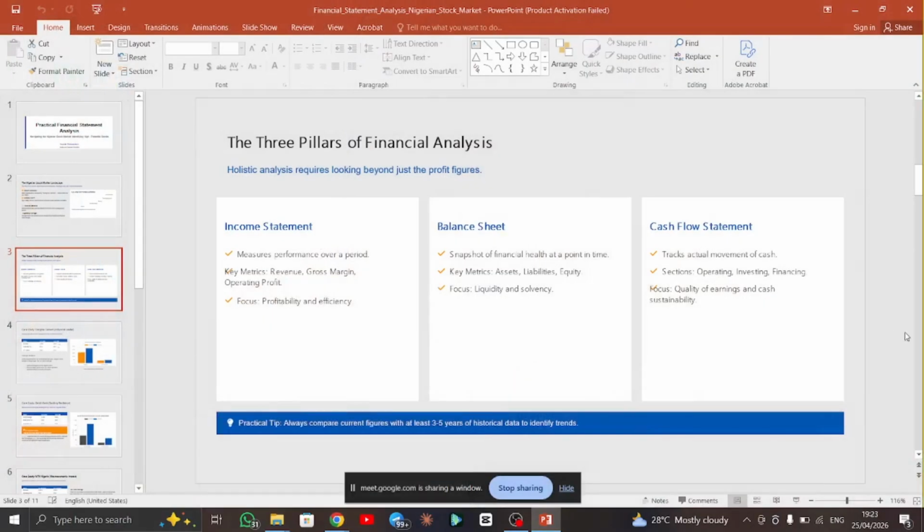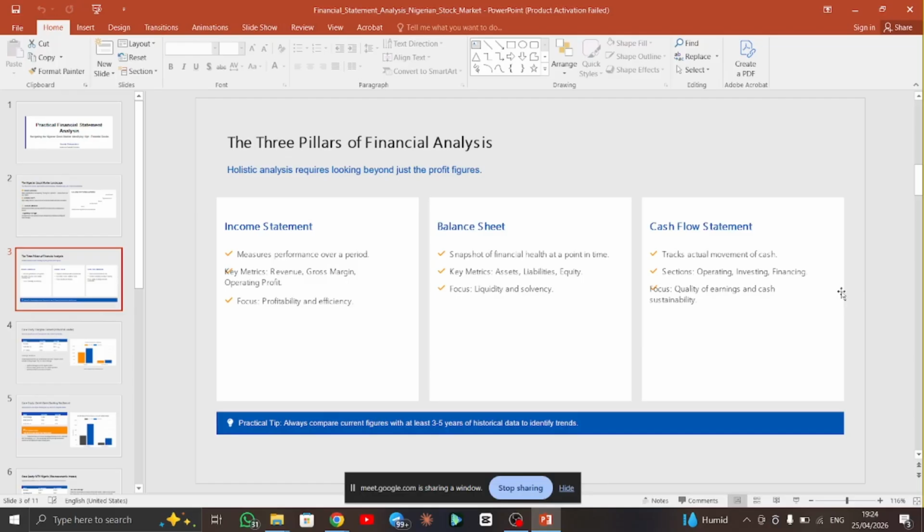Okay. All right. So now we are going to talk about the three pillars of financial analysis. I was telling you that when we talk about financial analysis, basically what we're talking about is the financial statement of a company. This financial statement is divided into three: the income statement, the balance sheet, and the cash flow statement.